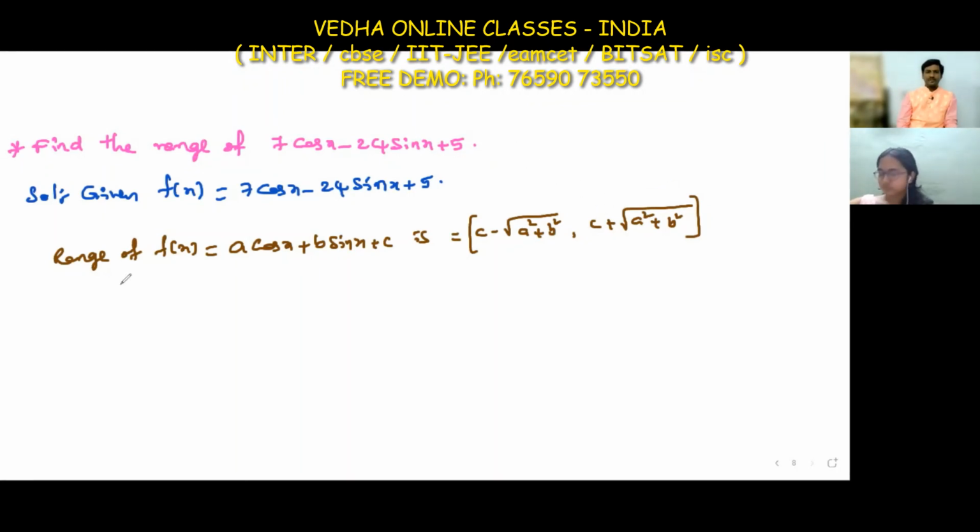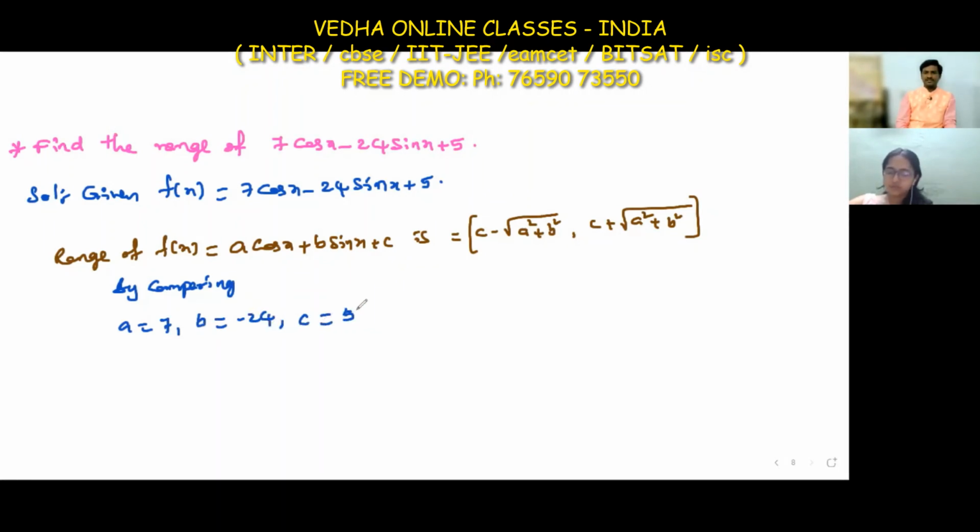By comparing, what is a here? The cos x coefficient a is equal to 7 and b is equal to minus 24. What is the c value? 5. Good. So now the required range is c minus, that is 5 minus root of 7 square and minus 24 whole square.